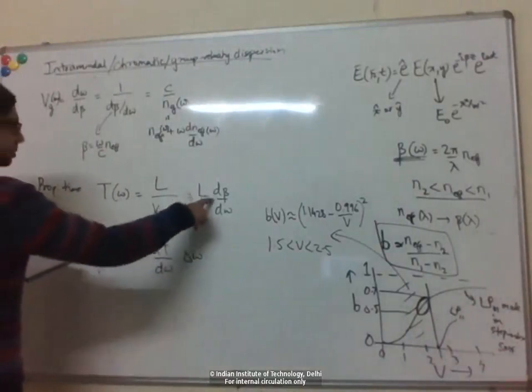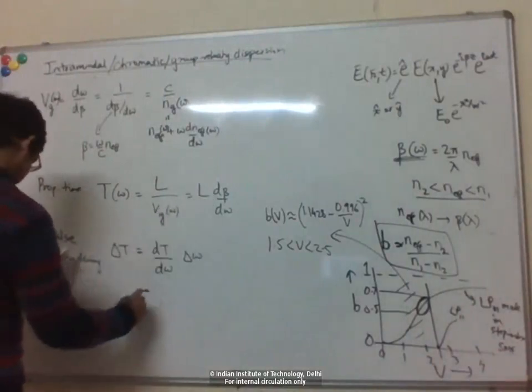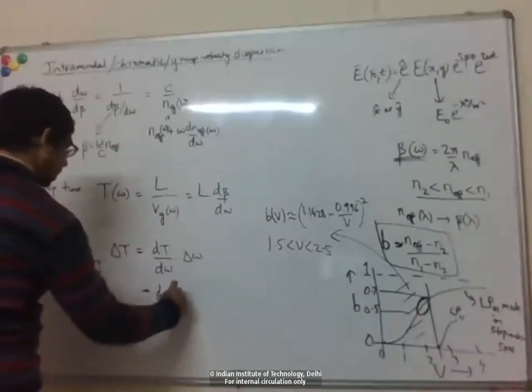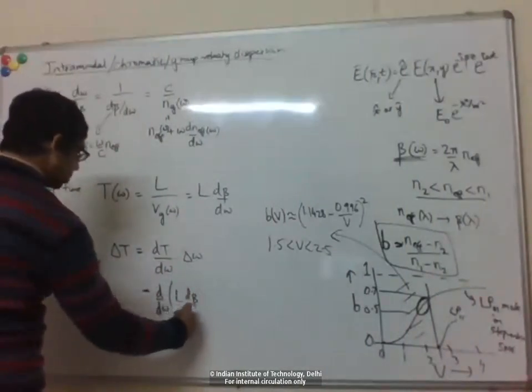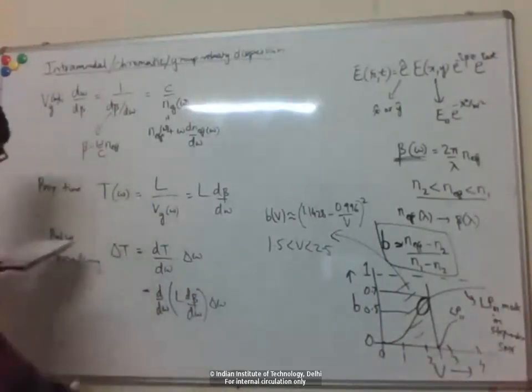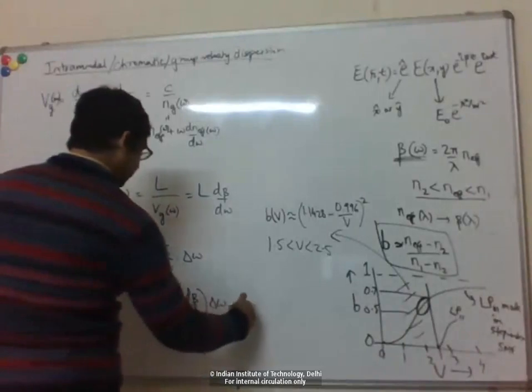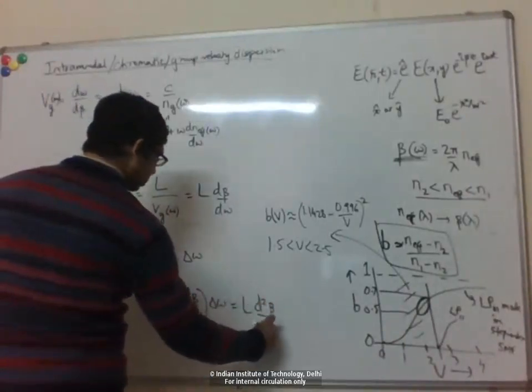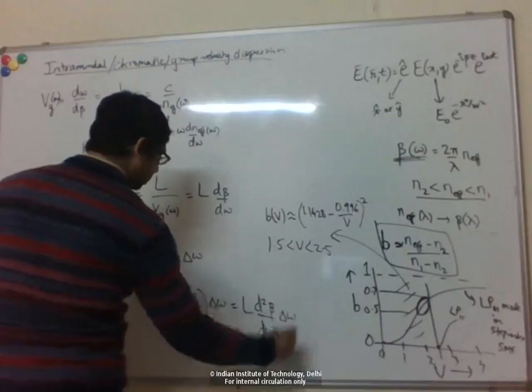Right, so for T, if you substitute this, you can see that basically I get the second derivative of beta with respect to omega.